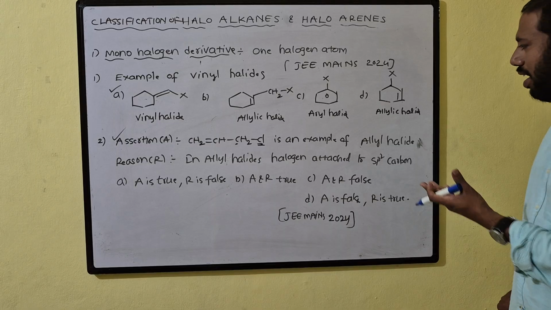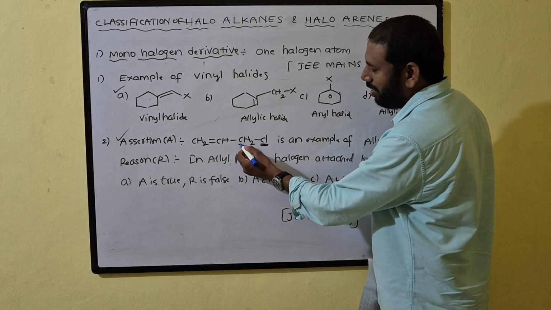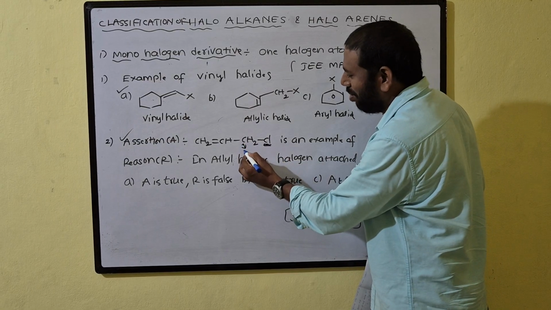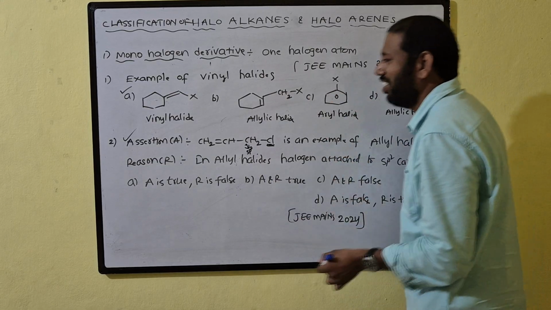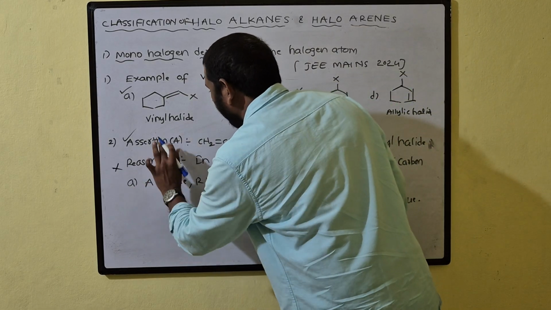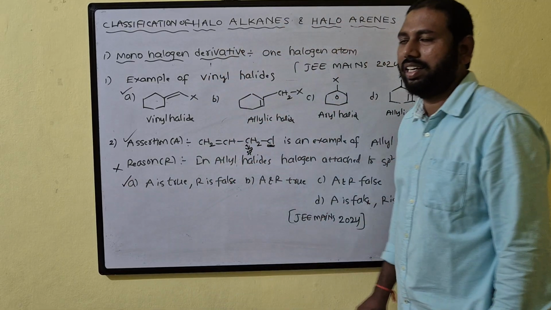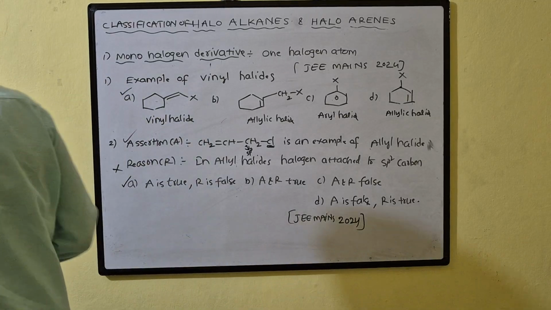Is it an sp2 carbon? It is an sp3 carbon. So the reason is wrong. So A is true, R is false. The correct answer is A. Right. Now coming to the third question.